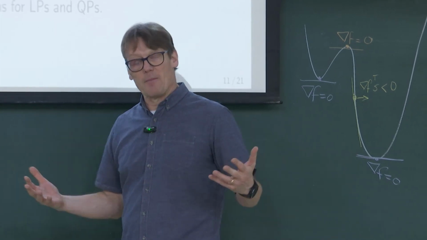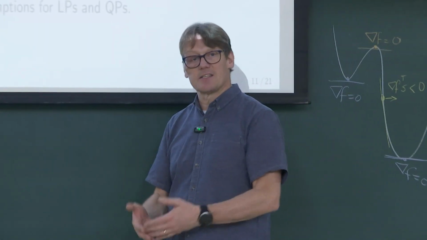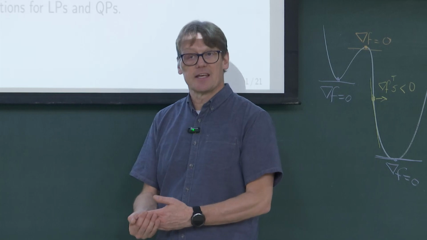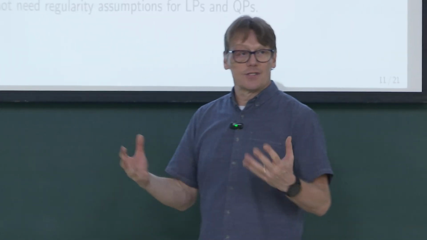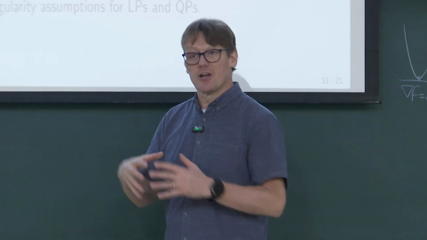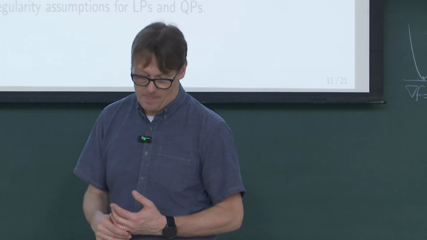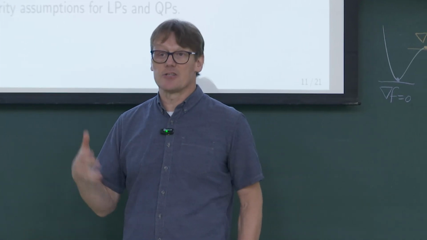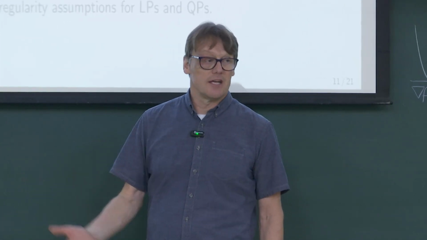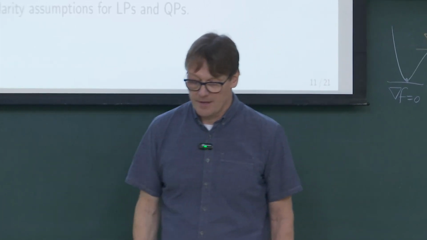And if you think about that for a moment, what we've been doing is we're taking gradients of the constraints, so we're linearizing the constraints, and so it makes sense to think that that would be a useful assumption, that this linearization locally tells us all we need to know about the constraints. And so a consequence of that is that if you have a problem that has linear constraints, then you don't need a constraint qualification. It's automatically satisfied because your constraints are linear.